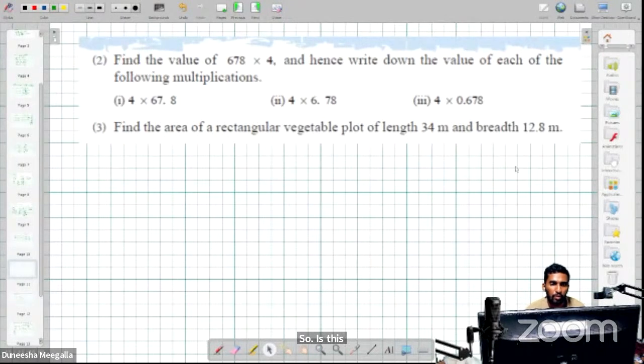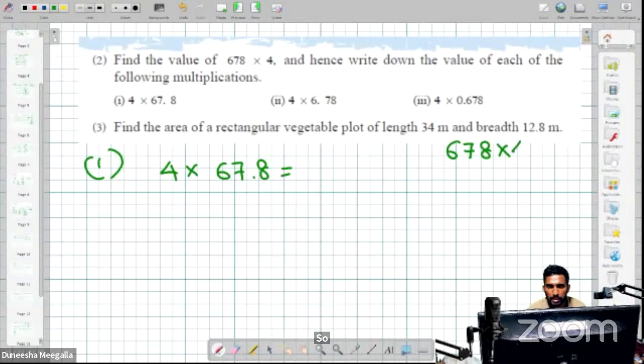Find the value of 678 multiplied by 4. Hence, write down the values for each of the following multiplications. 4 multiplied by 67.8. Find the value. Did you find 678 multiplied by 4? How much?